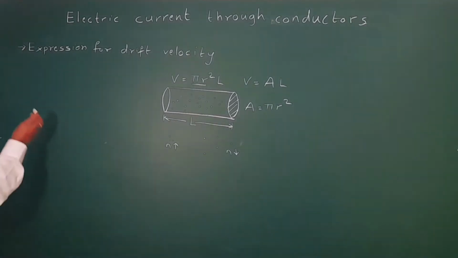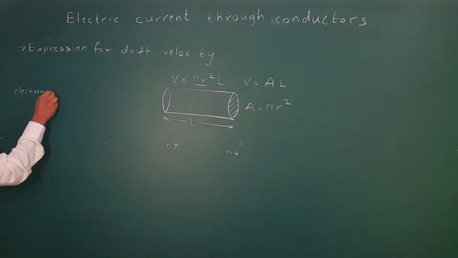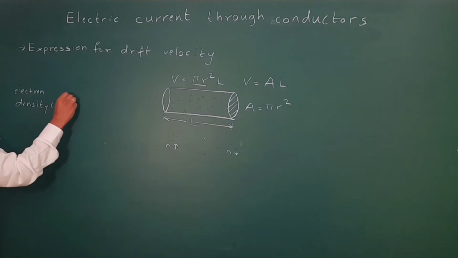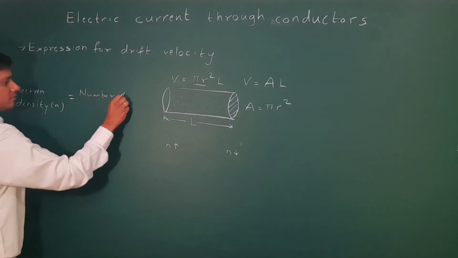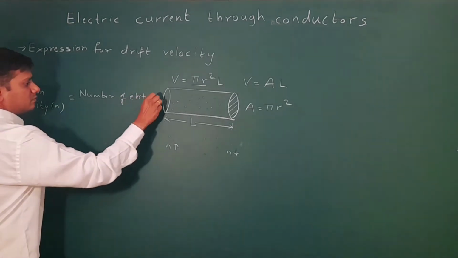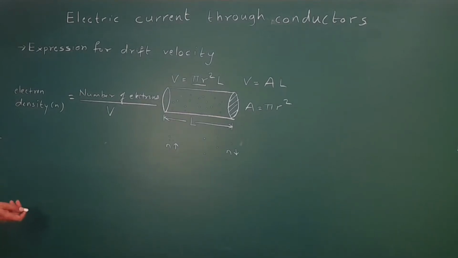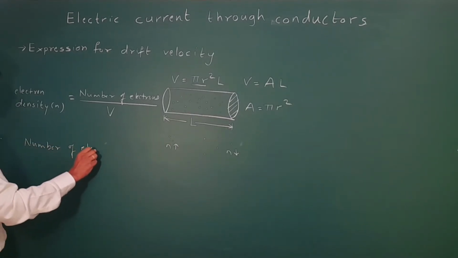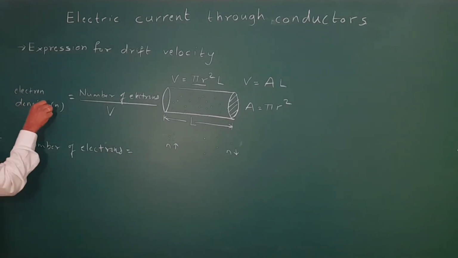So electron density can be defined as the number of electrons per unit volume. So we can say that the number of electrons is equal to electron density multiplied by volume.